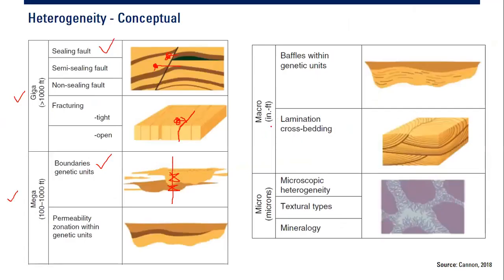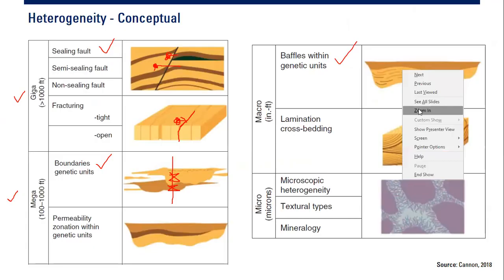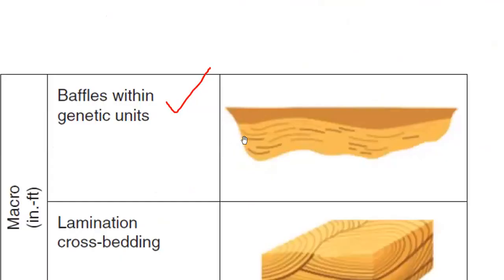Macro scale, from inch to feet. Baffles within genetic units, this is very, very important. Just baffles, all right? They are not continuous. They are like this, just baffles, sekat, sekat yang menghalangi aliran. This baffle will hinder the flow.